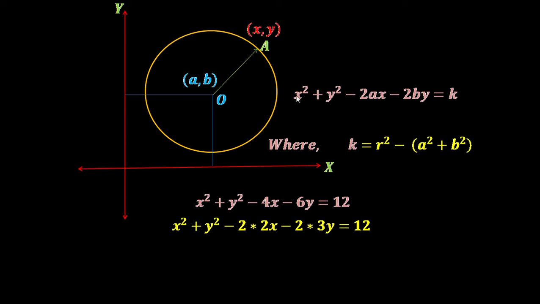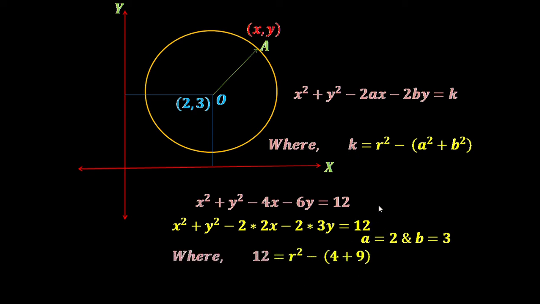Now here, if we compare this equation and this equation, then we can conclude that a is 2 and b is 3. Thus, we can say that the center of the circle is (2, 3). Later on, k is 12 in this case. Now, 12 equals r square minus (a square plus b square), where a is 2 and b is 3.